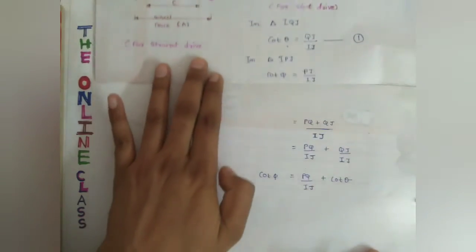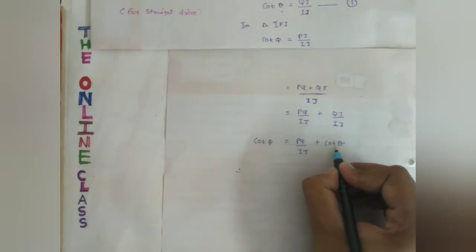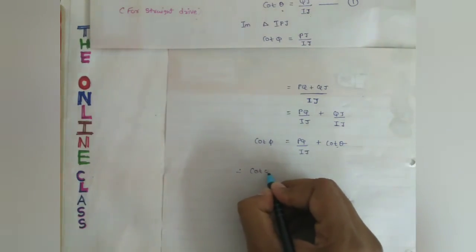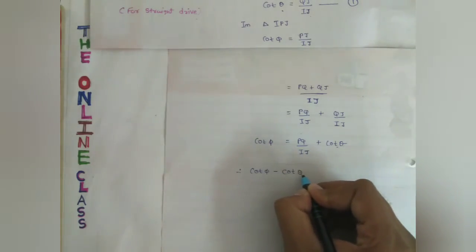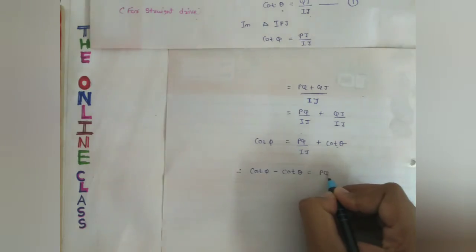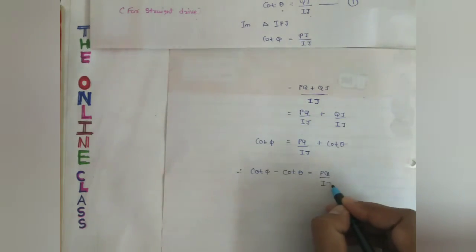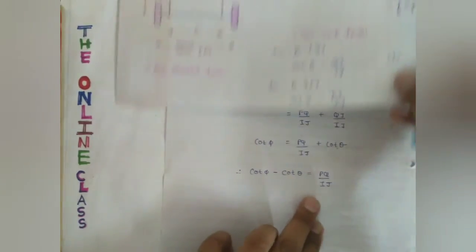Here this cot theta goes to the left, so it is converted to minus. Cot phi minus cot theta is equal to PQ divided by IJ. What is PQ and what is IJ?